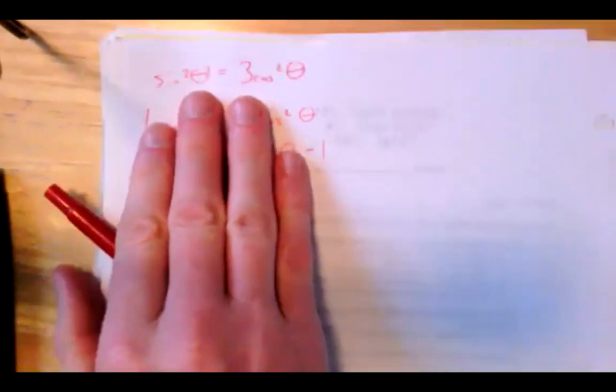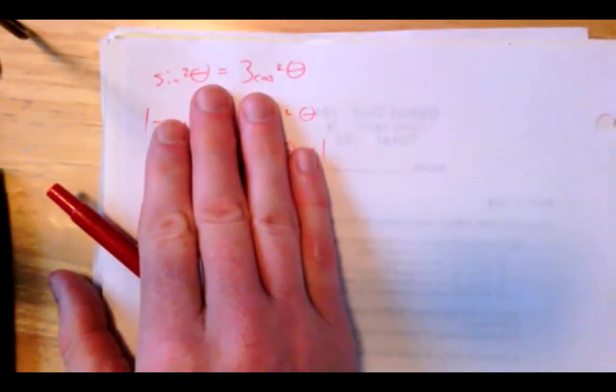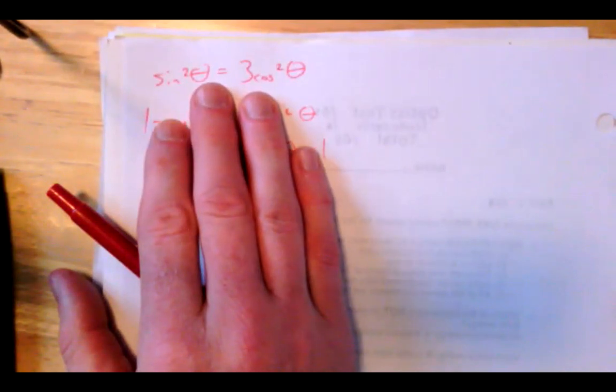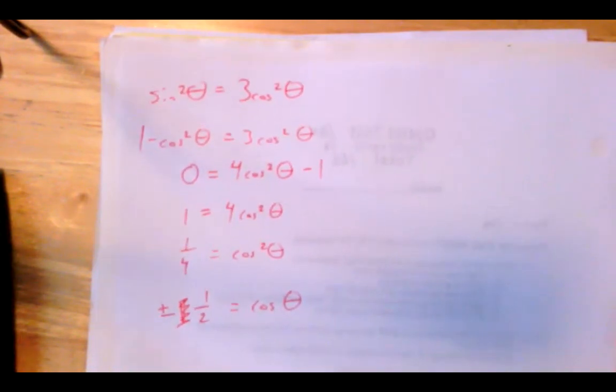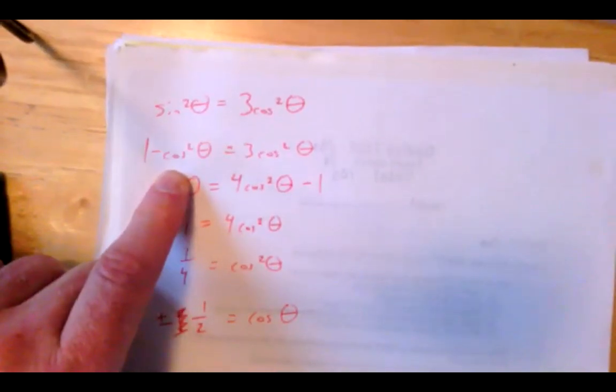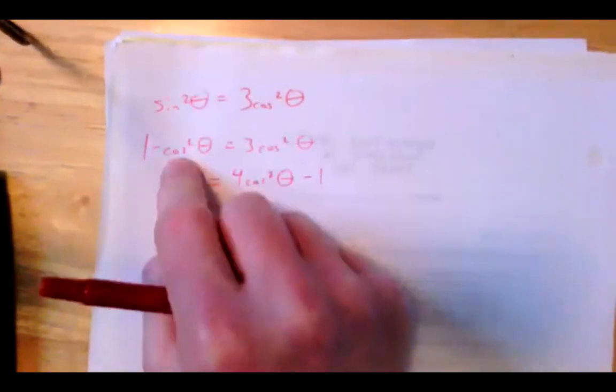So what you're saying is that you might not have seen that right from the get-go? Or choosing which way would work out the best? It's a little bit like when you're doing identities. It's like, I'm going to try this, but I may have to abandon it and then go a different route. So both of these ways work. In all honesty, doing it this way jumps out at me: sine squared of theta, cos squared of theta.